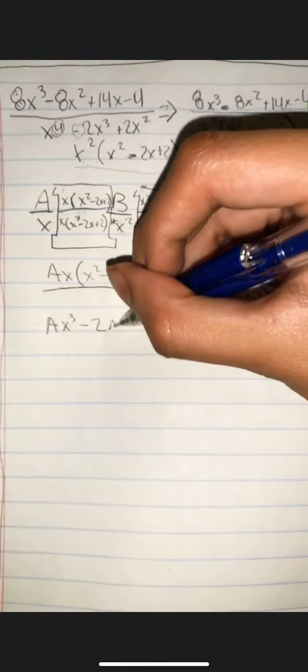So ax cubed minus 2ax squared minus 2ax plus bx squared minus 2bx plus 2b plus cx cubed minus dx squared. So this is the whole thing right up here.